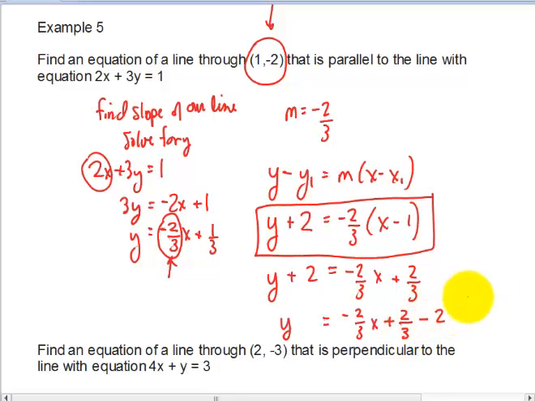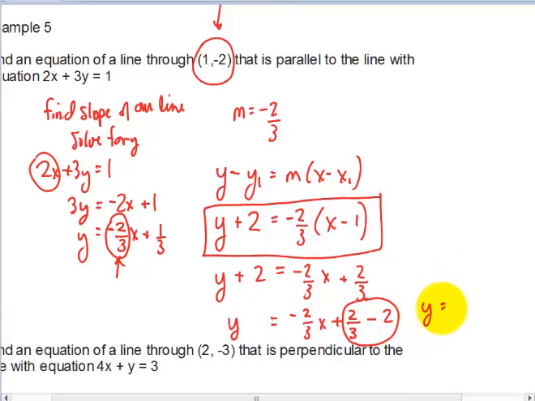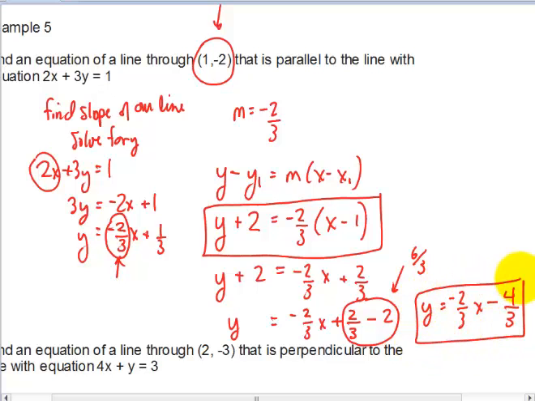So that's -2, and then you have to combine these two numbers fraction-wise. So your final result would be y equals -2/3 x minus, because 2 is really 6/3, so when I add them together, I'd have -4/3. So this would be in slope-intercept form.